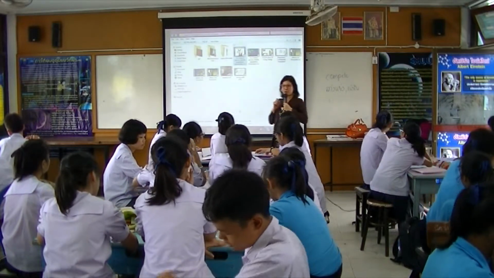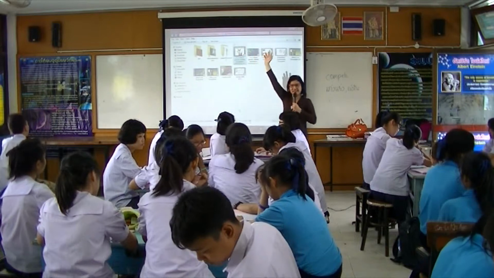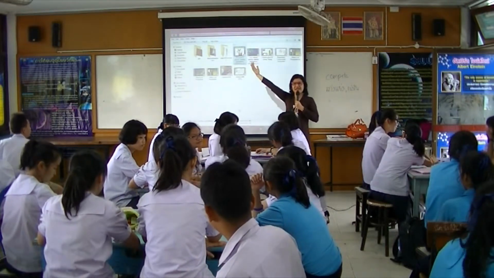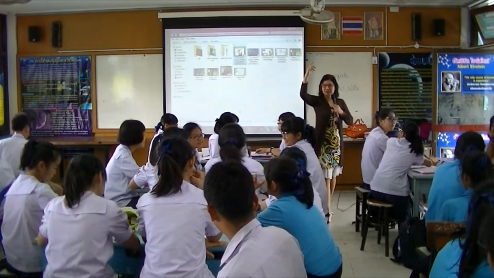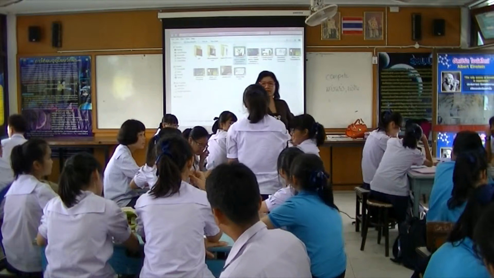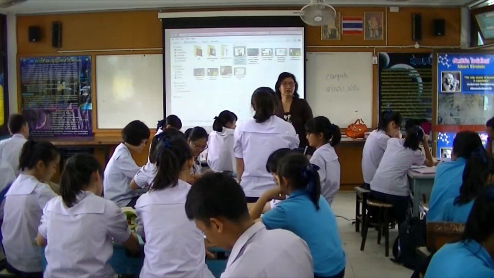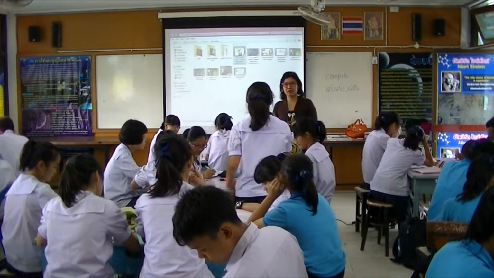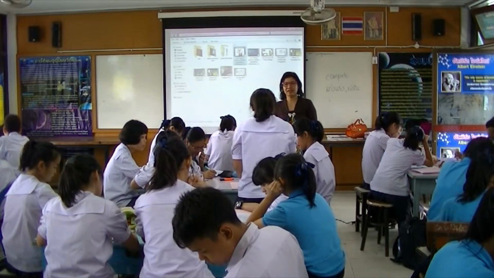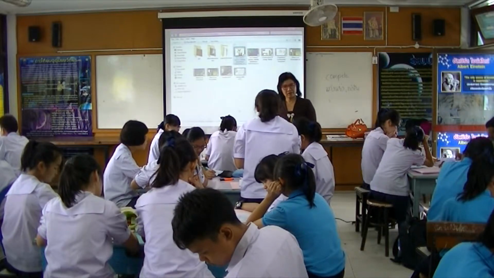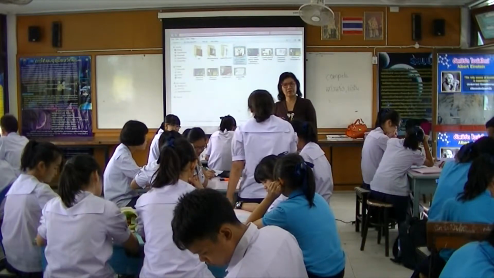What is a species? Volunteer, raise your hand. Who wants to answer? A species is an organism with common characteristics that can breed among themselves to produce fertile offspring.